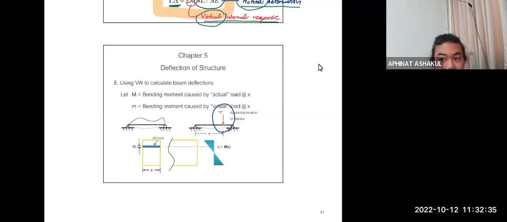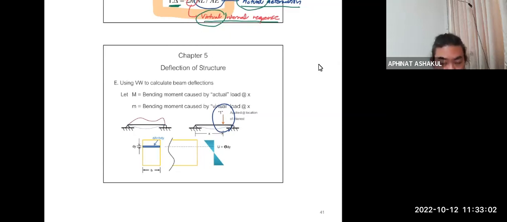But when it comes down to the internal work, how are we going to take care of this? Because first and foremost, you can look at the tiny little force in your flexural member by looking at the small area multiplied by the stress, right? Like stress multiplied by dA, and dA is B dy.